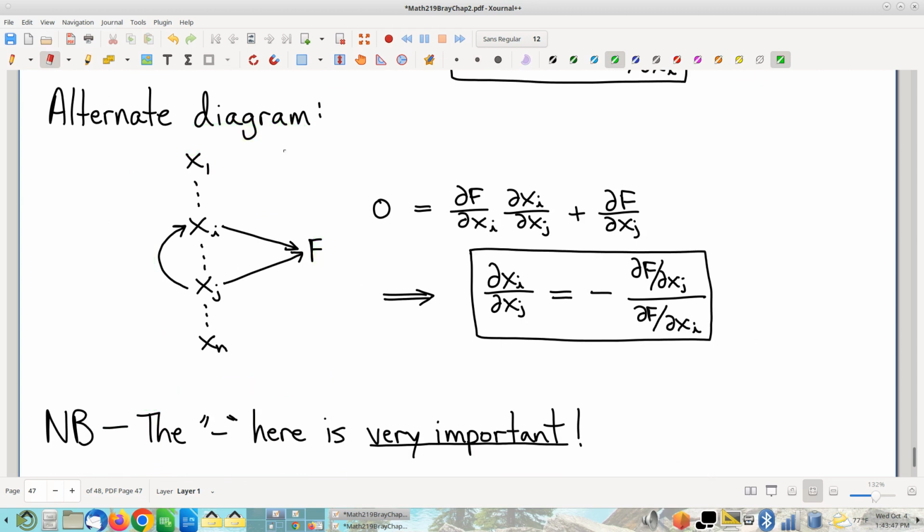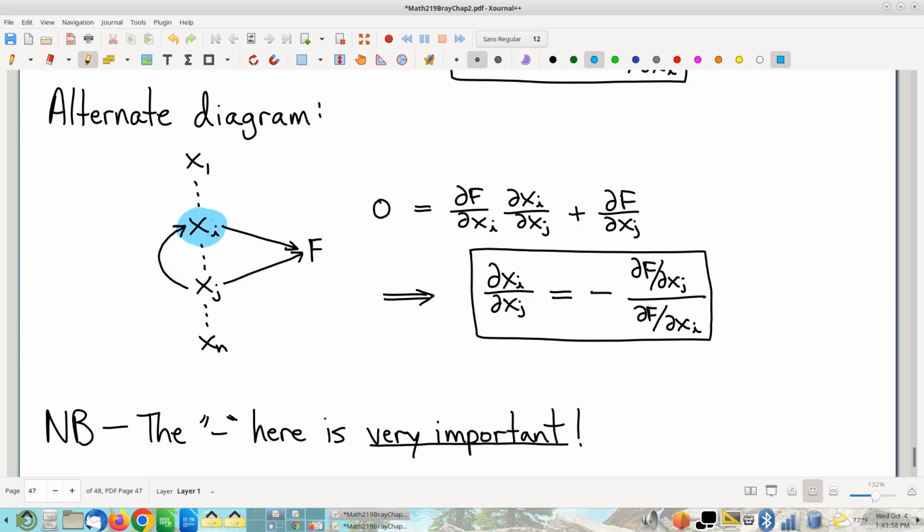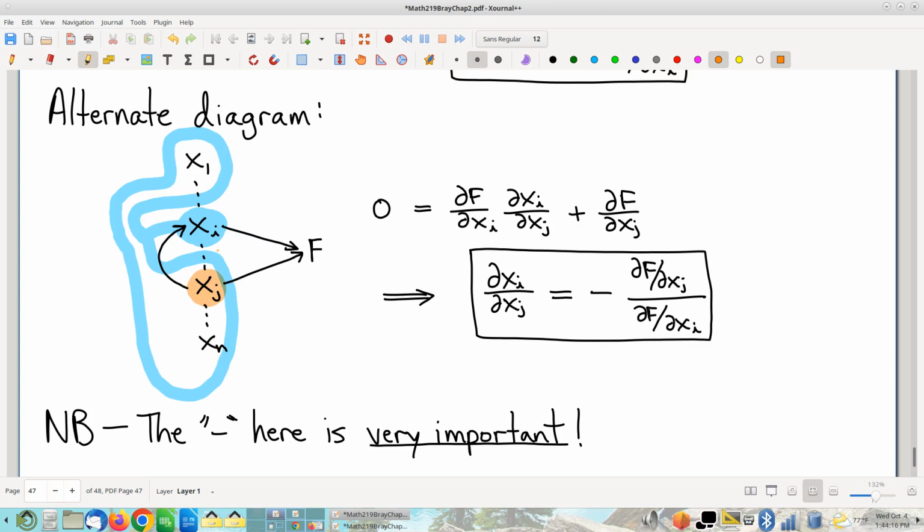So let's ask the question: if f is given as a function of these variables, but I want to view x_i as being a function of the others, and I want to take the partial of x_i with respect to x_j, how would I go about computing that partial?